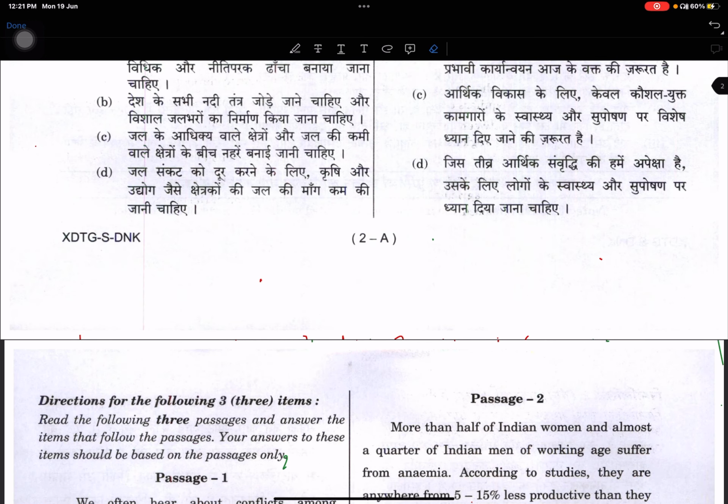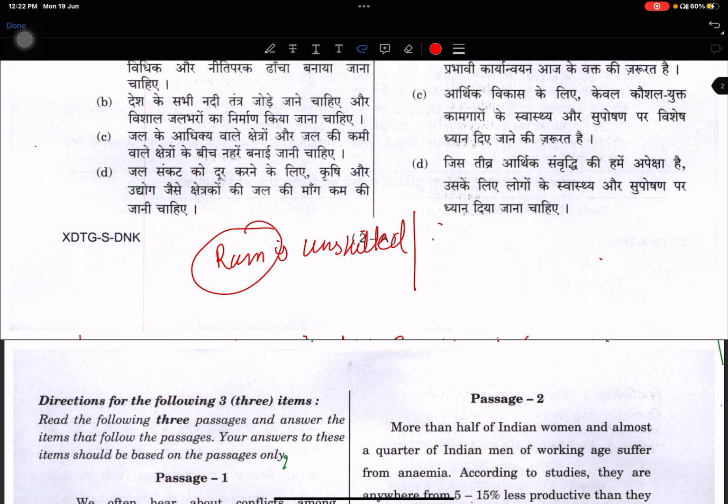Okay, if you're not getting this by this also, let me give you another analogy. Let Ram be unskilled, and the policy is saying that since Ram is unskilled, we will provide less food.